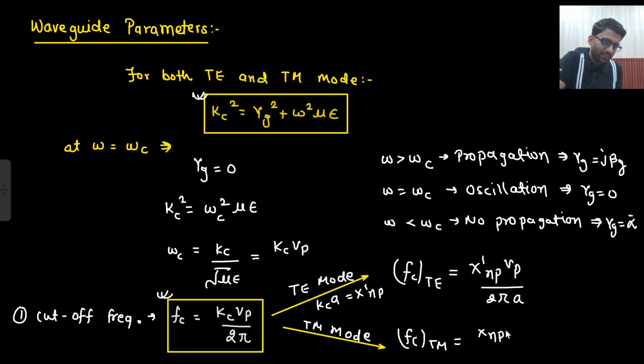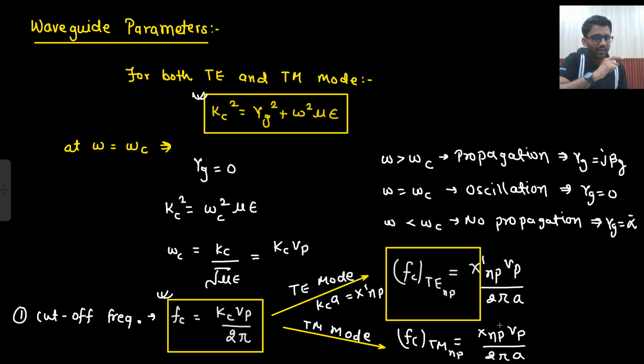That would be Xnp Vp divided by 2 pi A. And X dash Np and Xnp, both values are different. What I mean to say is that X dash 11 and X11, the np value is the same, 1 1, but X dash 11 and X11 both will be different. If you remember the table, there we have seen that both are different values.